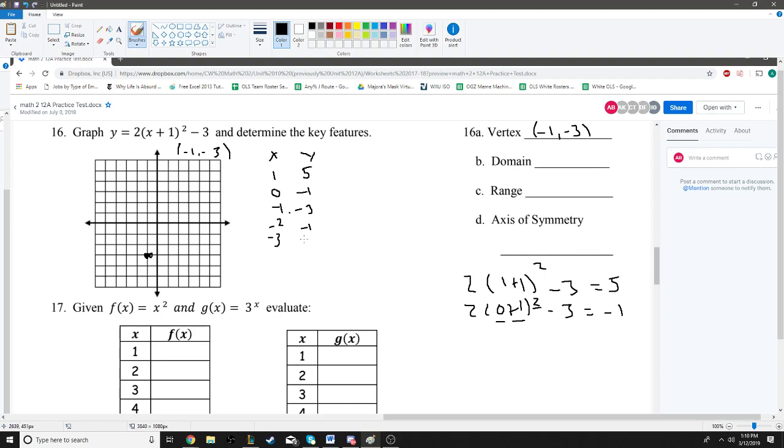And since the parabola is symmetric about its vertex, those are your table of values. So you go 0, -1.